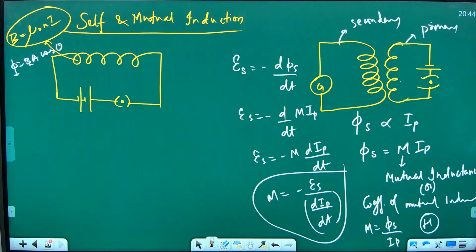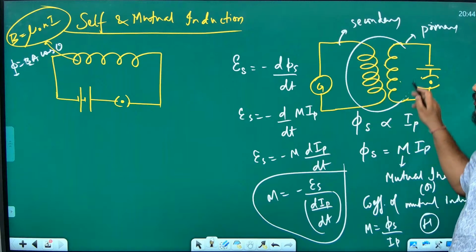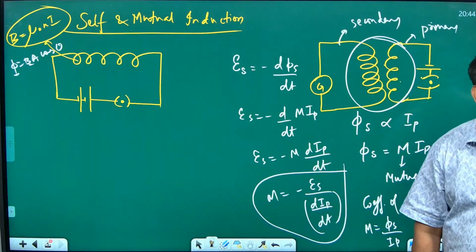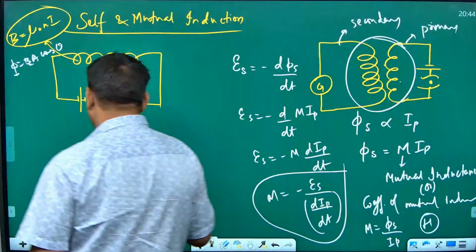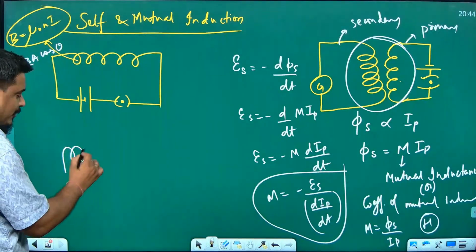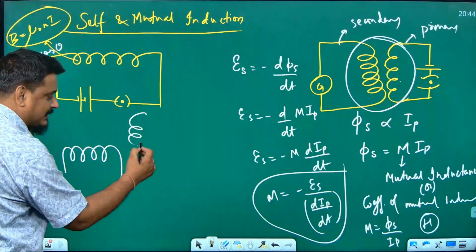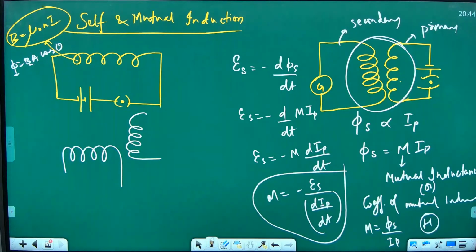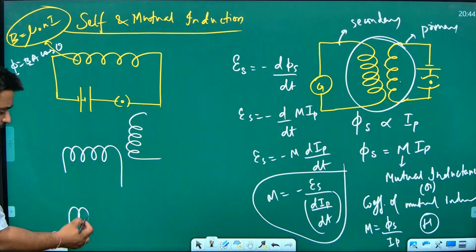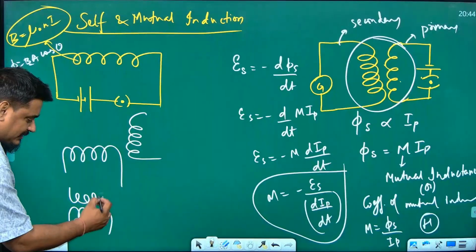It depends upon how these two coils are linked. Suppose I am giving 3 examples to you. One example is one primary coil is here, secondary coil is here. Second example is primary coil is here, secondary coil is here.